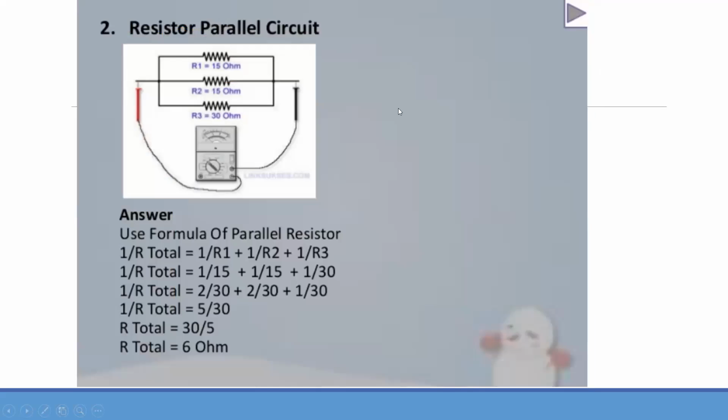Now, what about in parallel? In parallel here, what did we have? We have them as 15, 15, and 30. To find the R total, as I told you, 1 over R total is 1 over 15 plus 1 over 15 plus 1 over 30.